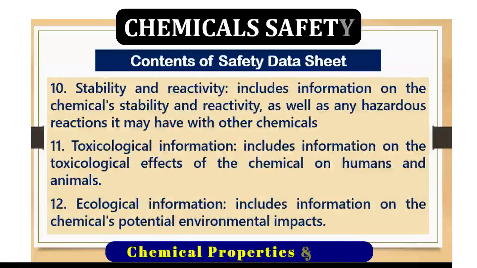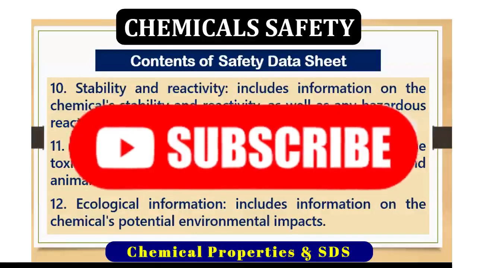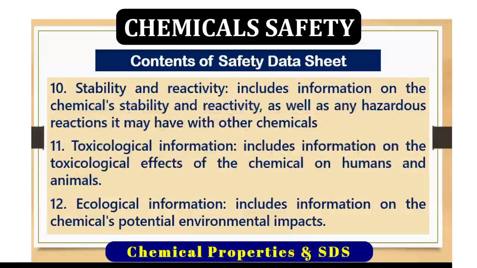Number 10, stability and reactivity. It includes information on the chemical's stability and reactivity, as well as any hazardous reactions it may have with other chemicals. Number 11, toxicological information.